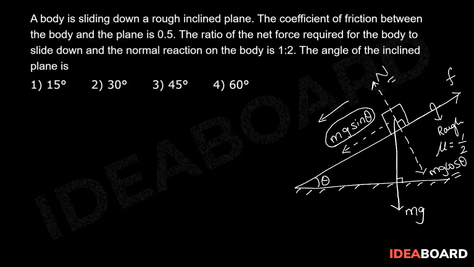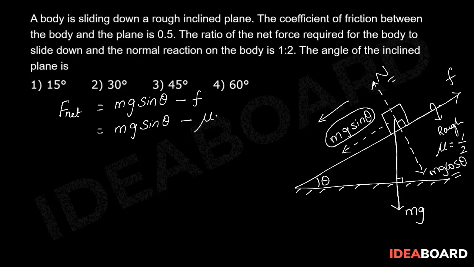Therefore, net force acting down the inclination is given by F net is equal to mg sin theta minus frictional force, which is mg sin theta minus mu times normal reaction force, and normal reaction force is equal to mg cos theta, so it is mu mg cos theta.